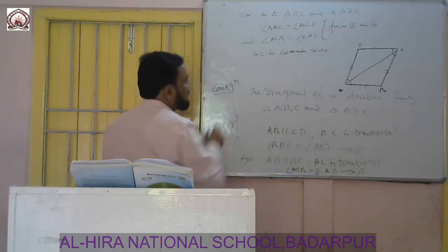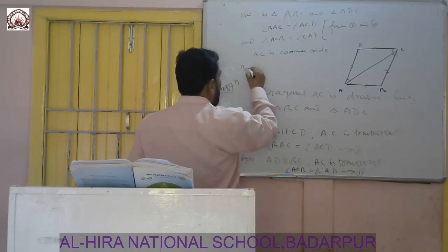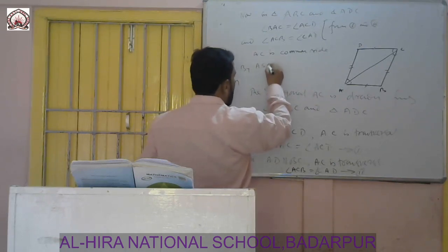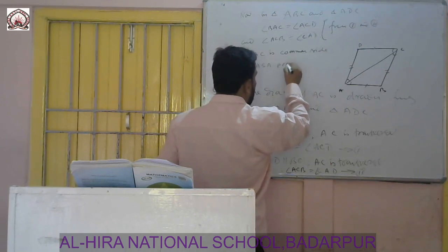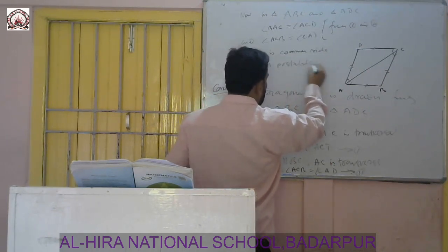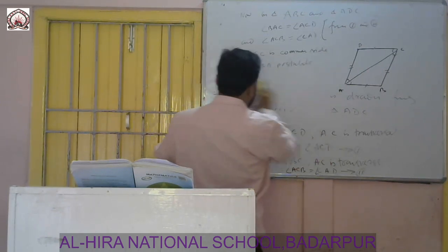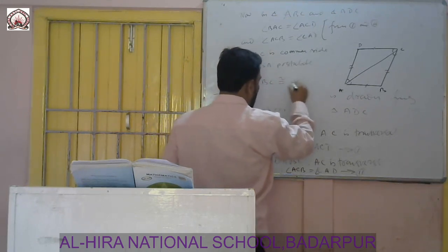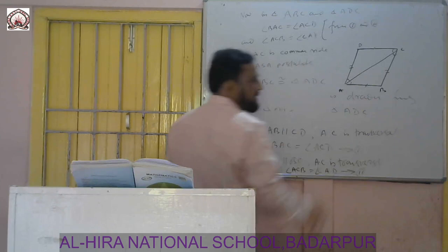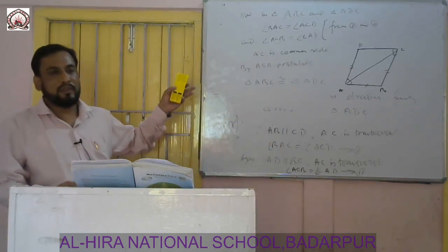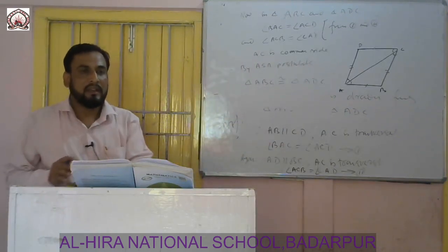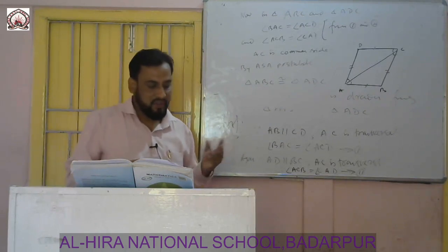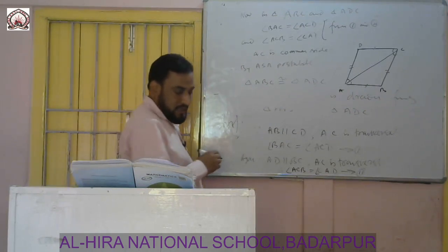So we can say that by the angle, side, angle postulate, triangle ABC is congruent to triangle ADC. All these four postulates are likely similar, just a few differences are there.